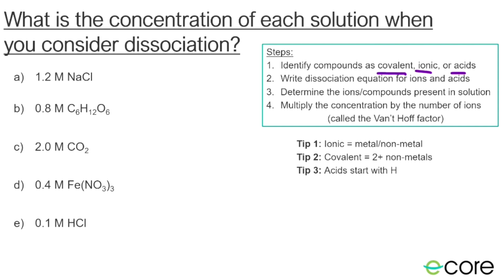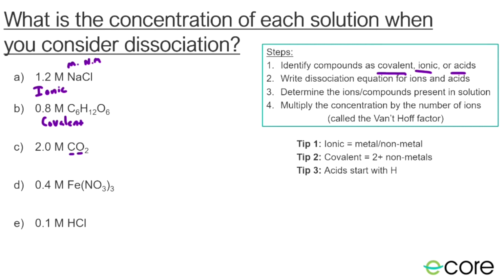Well, sodium and chlorine, we've already said is an ionic compound because my sodium is a metal and my chlorine is a nonmetal. And so I'm just going to label this as ionic. C6H12O6, those are all nonmetals. Carbon, hydrogen, and oxygen are all nonmetals. So that's a covalent compound. I go to CO2, similarly, carbon and oxygen, both nonmetals.